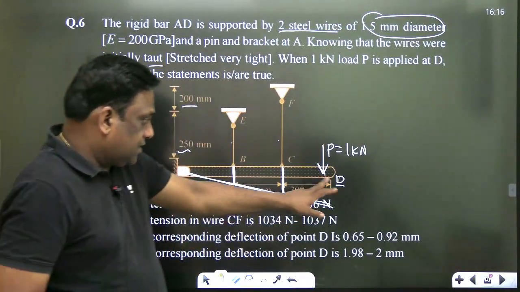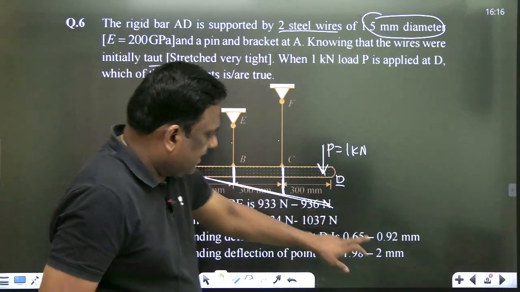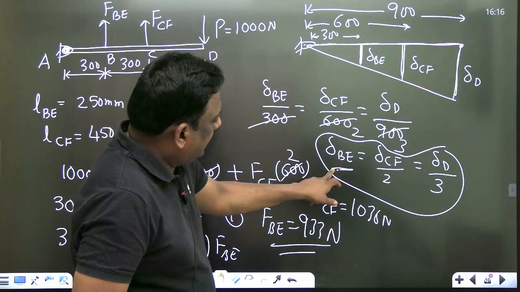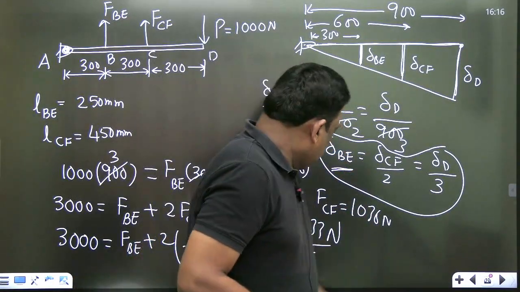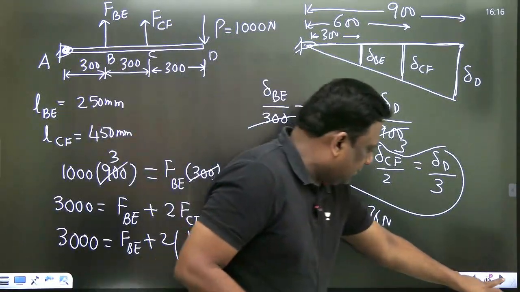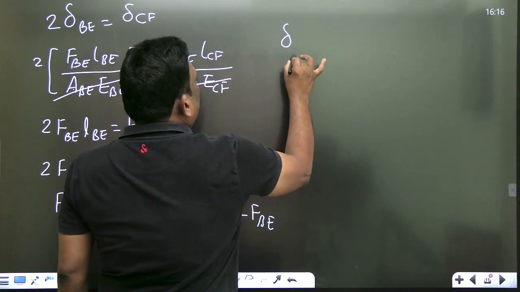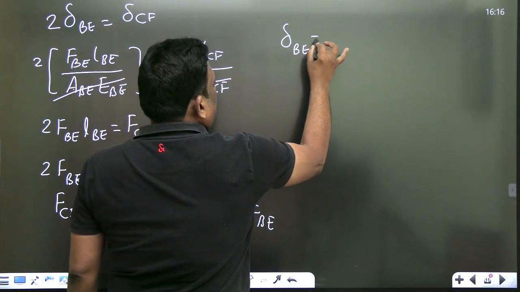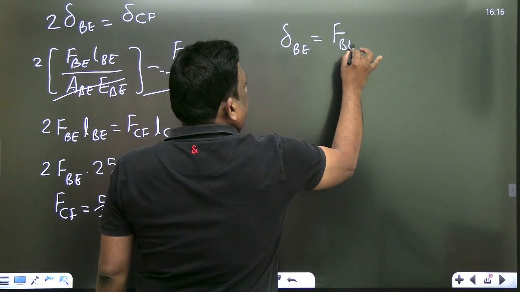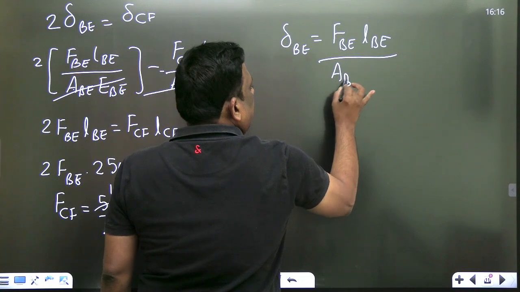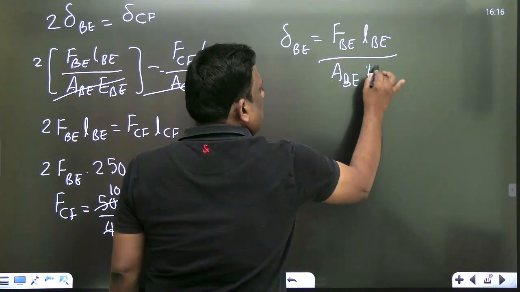Now the corresponding deflection of point D is needed. If I calculate delta BE, the problem can be solved. What is the force in BE? 933 Newton. So delta BE is equal to force in BE times length of BE by area of BE and Young's modulus of BE.